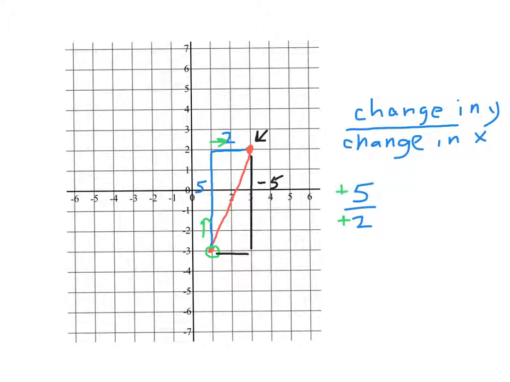When I go to the left, I am going a negative 2. So in this case, my slope is a negative 5 divided by a negative 2. But remember, a negative divided by a negative is equal to a positive. So my slope is still 5 over 2, or 5/2. It doesn't matter from which point you go to the other point. You can go either way.